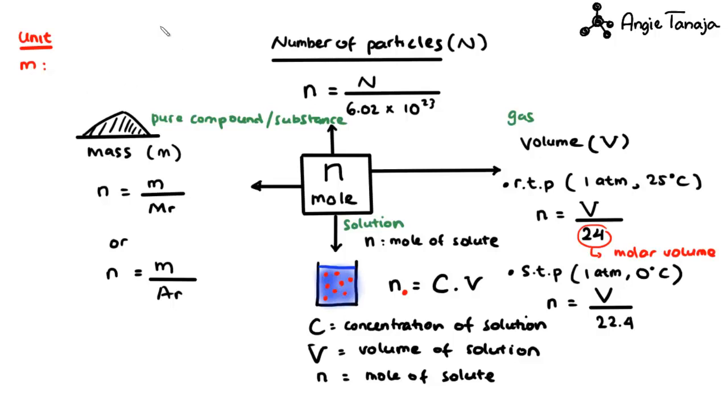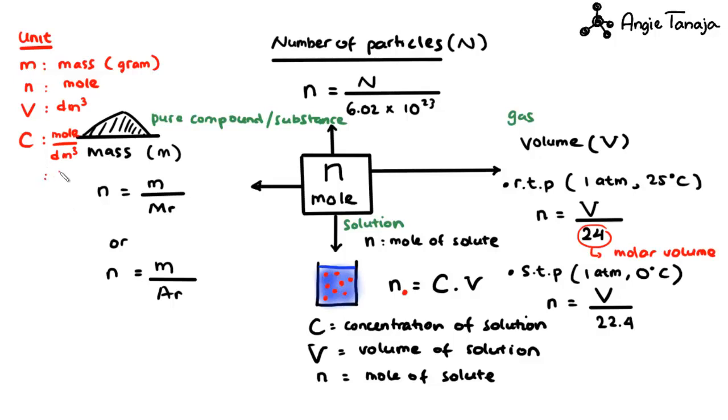Okay, M is the mass, the unit is gram. And N is small n, and the unit is mole. The V that we use, the unit is decimeter cube. And then what else? Concentration that we have, the unit is mole per decimeter cube.